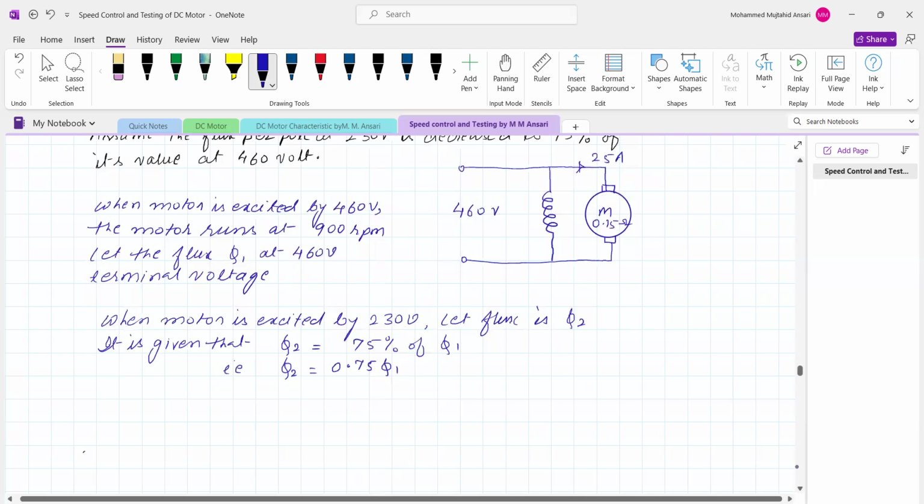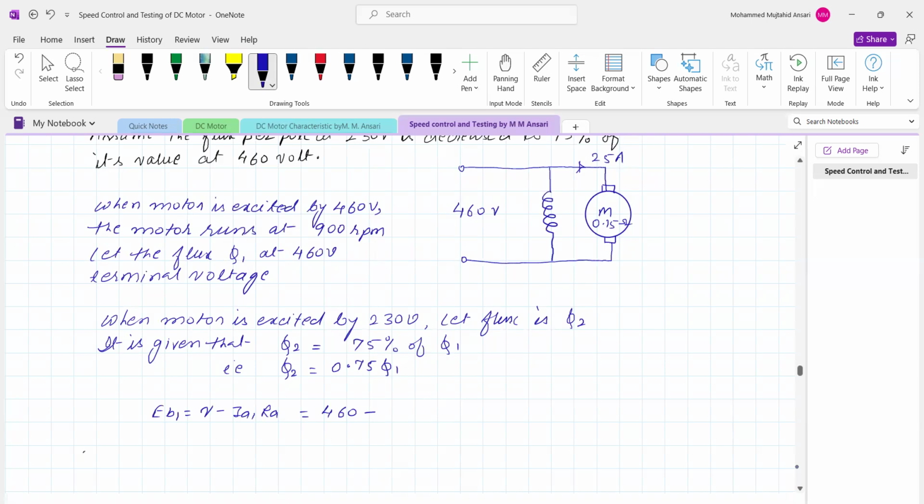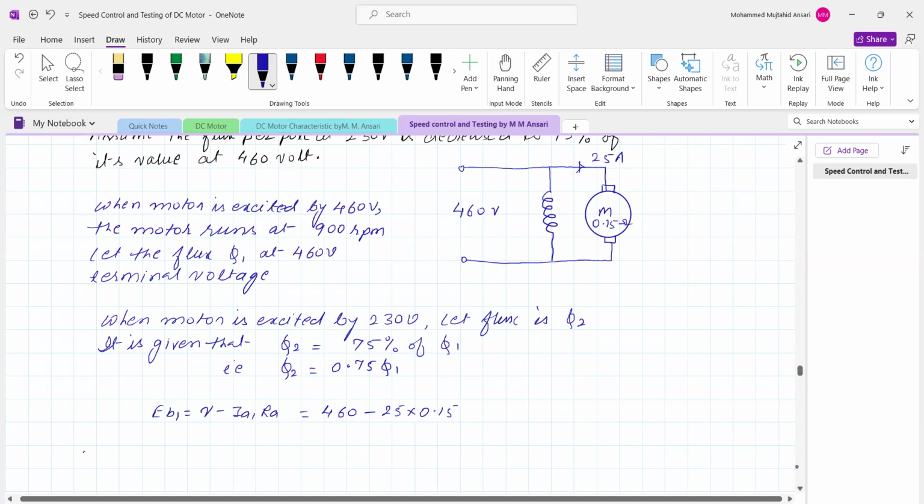So we can calculate the back EMF. EB1 is equal to V minus IA1 RA, which is equal to 460 minus the armature current, 25 ampere, multiplied by 0.15, and it is equal to 440 volt.